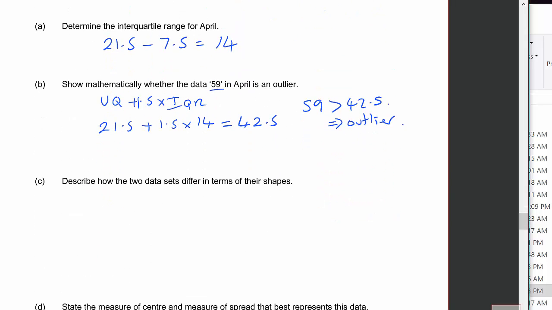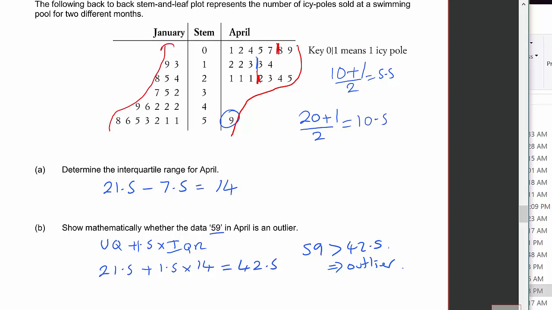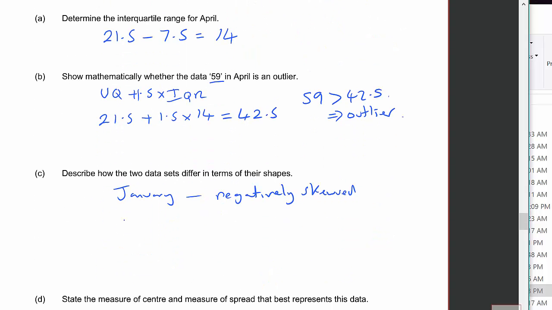So that means that January, with many large values, is negatively skewed, whereas April, with most of its values at the low end, is positively skewed.